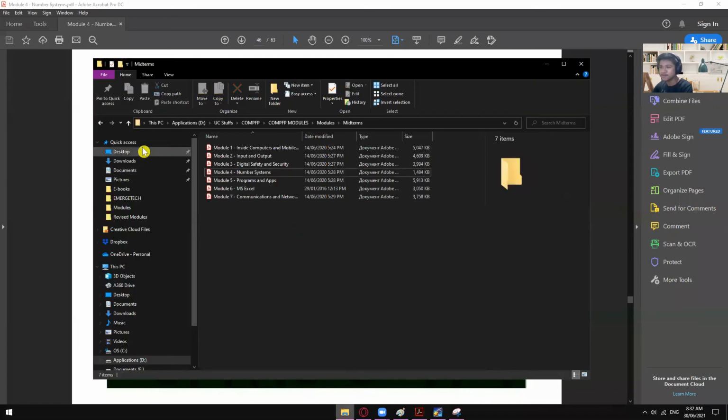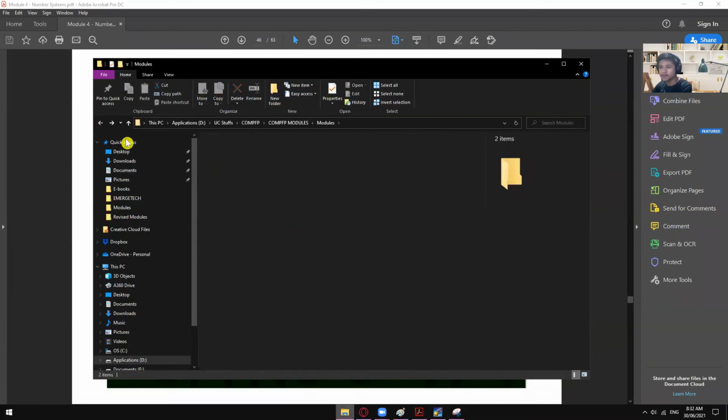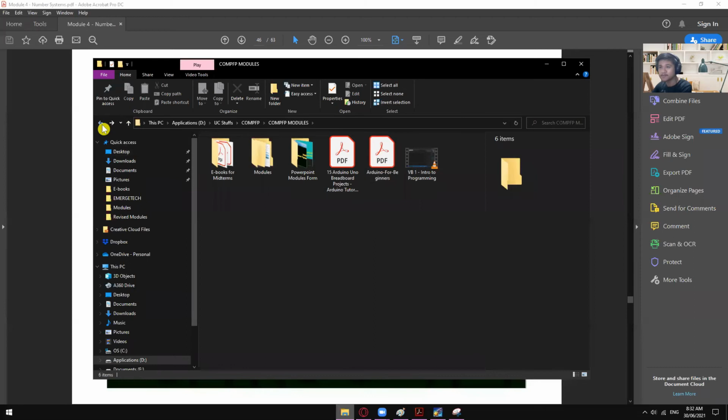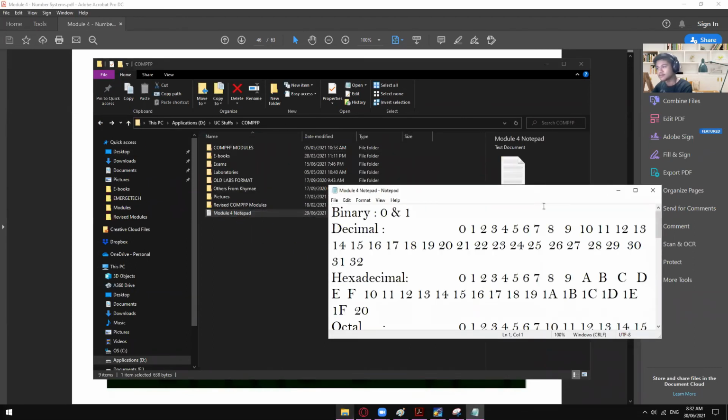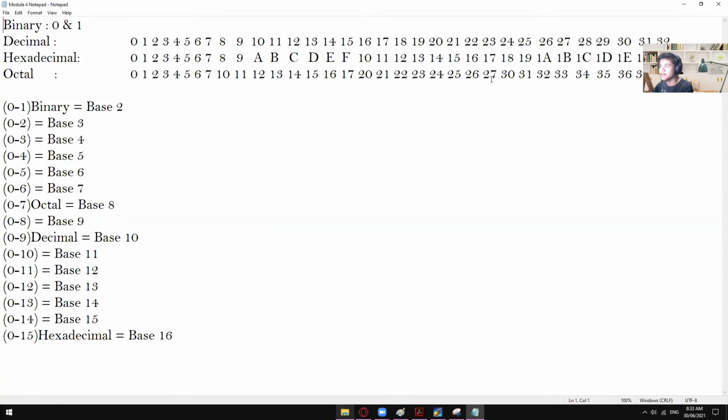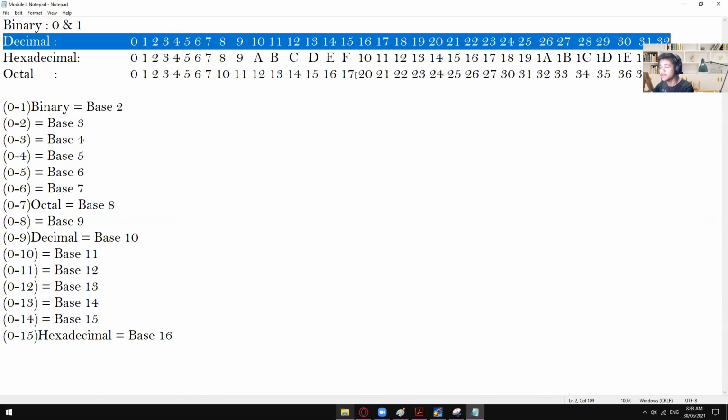So going back, I actually saved the notepad. Going back right here, we have the decimal. This is the normal way on how to count things, with us humans and the computers.